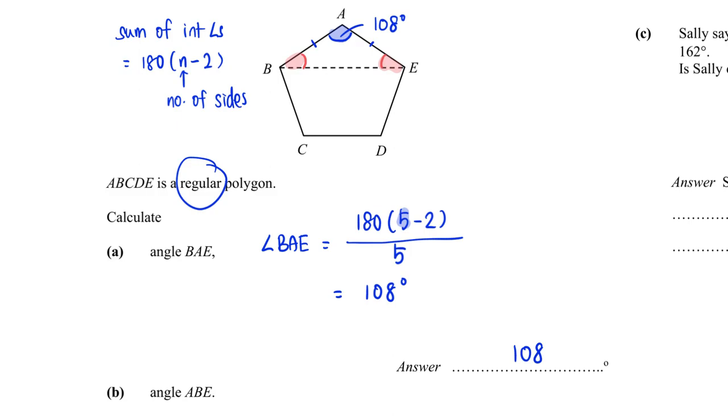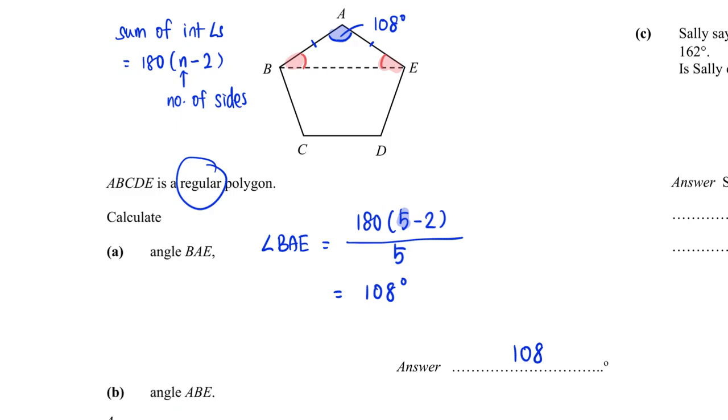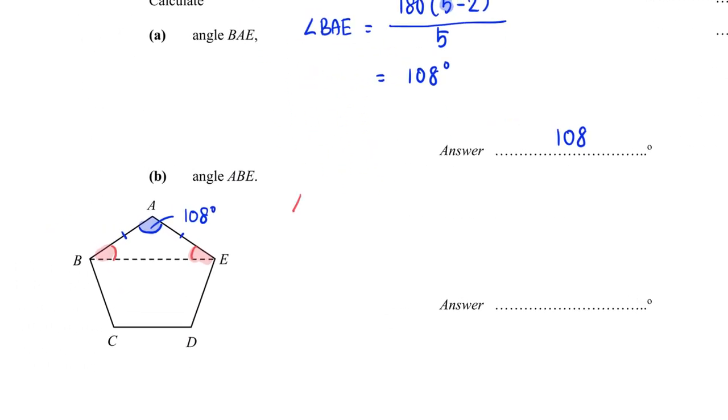So I'm going to cut this diagram out and move it down. And let's see. So angle ABE is equal to 180 degrees, minusing the 108 degrees, and I divide by 2. Yeah? This will give me 36 degrees.